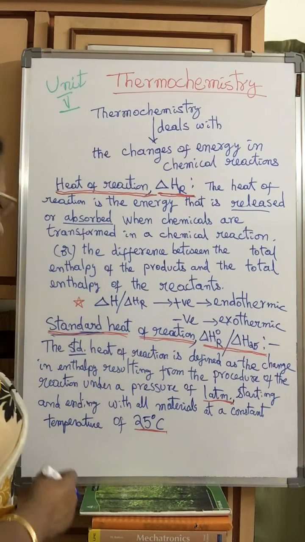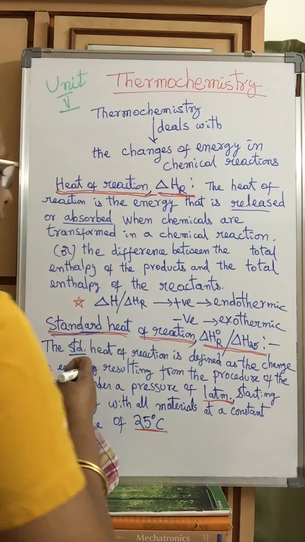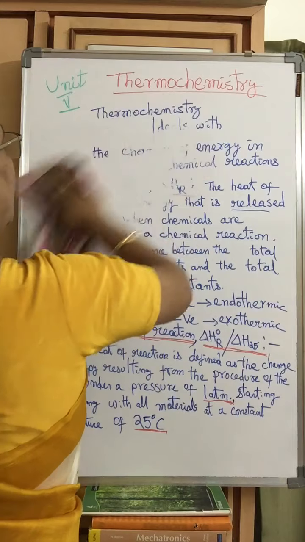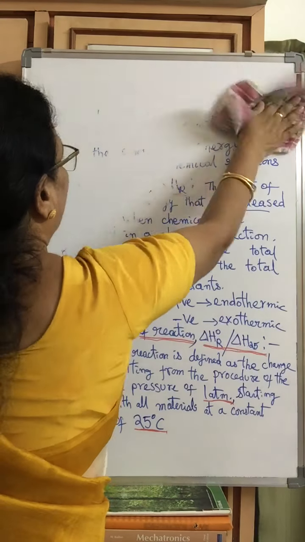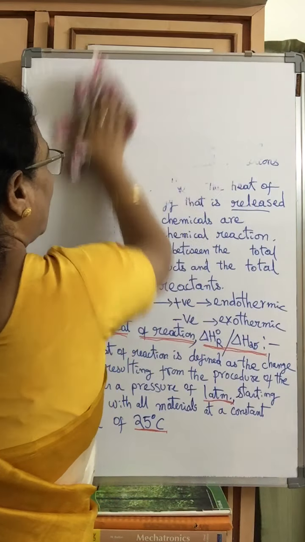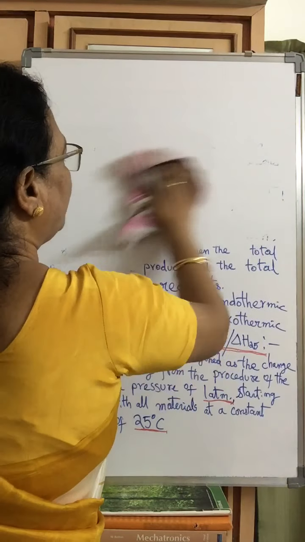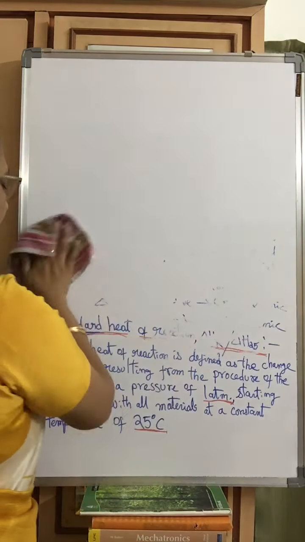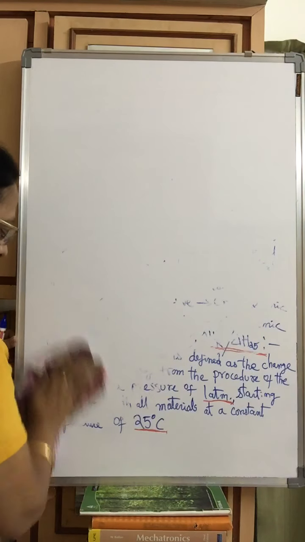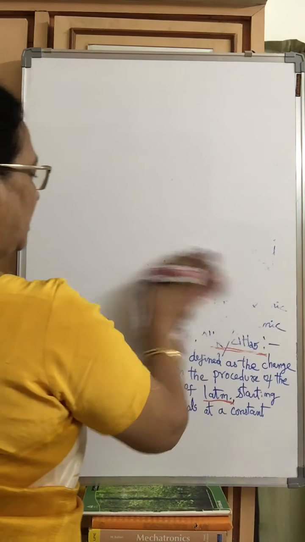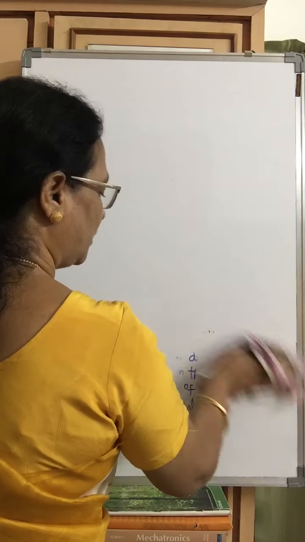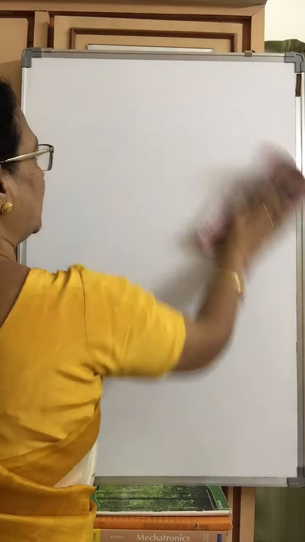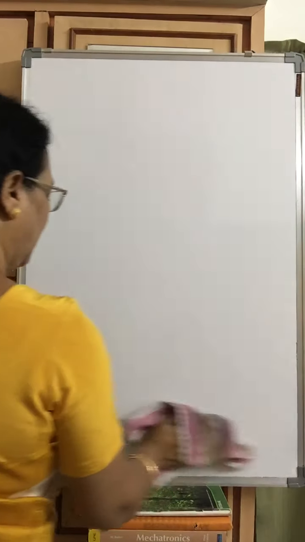So here we have seen what is the heat of reaction and standard heat of reaction. Heat of reaction is what? Change in enthalpy of the products and reactants. And standard heat of reaction is when temperature is specifically 25 degrees centigrade and 1 atmosphere. That is heat of reaction.